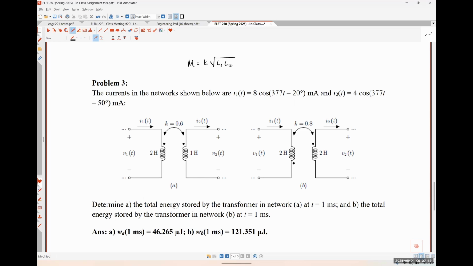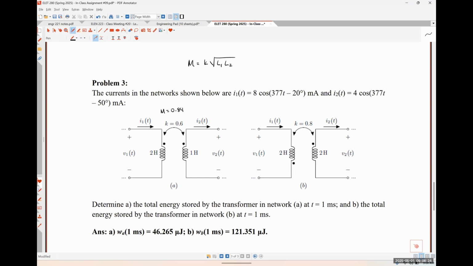So when we have a K value of 0.6, and then that is going to be multiplied by the square root of 2 times 1, I get, in this case, M is equal to 0.8485.